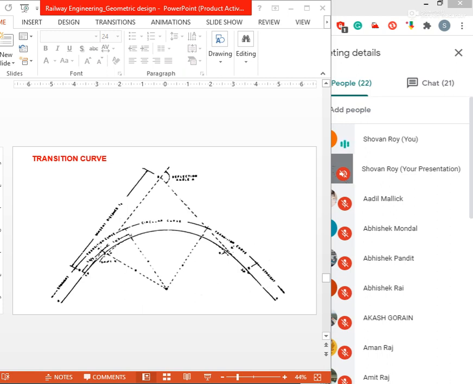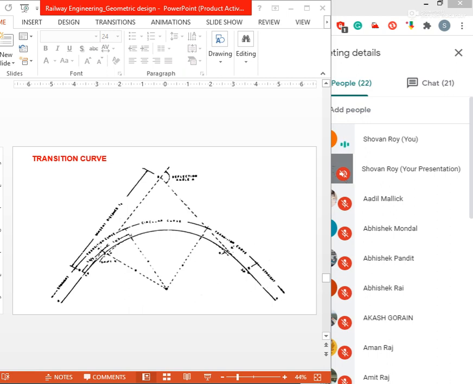In that case switches are used in the railway track. The completely fixed portion is called the rolling stock, and the portion which is movable due to a switch, electricity or mechanical fitting is called the movable section.